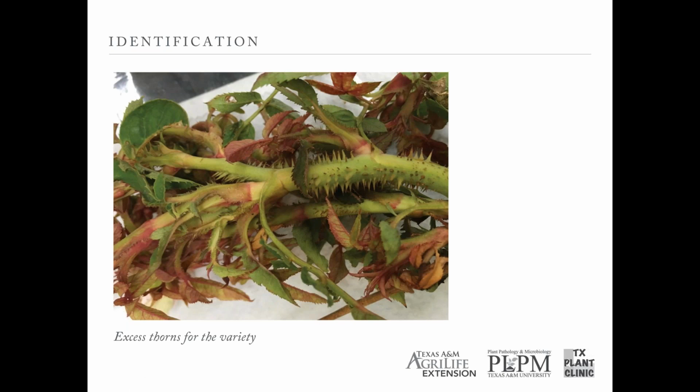Excessive thorns, and here qualify again for that particular variety. In this image, not only do you see the thickened canes, but you also see the excessive thorniness. What's interesting is for most of our observations, we notice that the thorns tend to be somewhat hard rubbery.